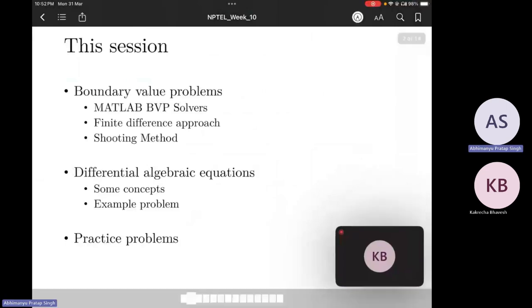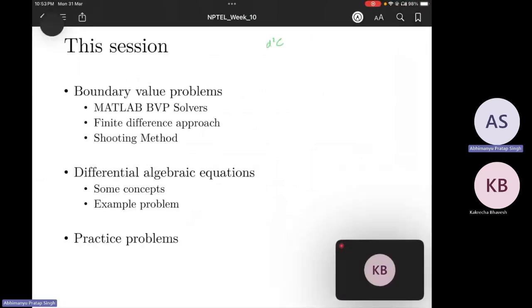So the problem is d square c by d z square is equal to k beta c upon k plus c.